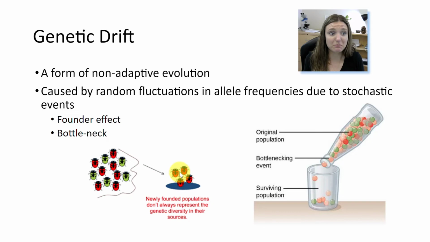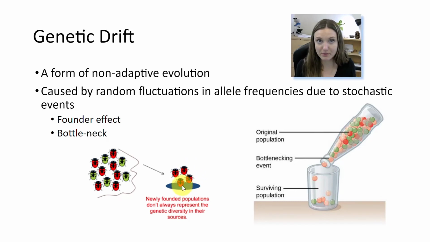It's not that they're any better adapted or better suited for this environment. It's just due to random chance that only the red ones moved over. So the ones founding this new population will pass on the gene for having a red color, not necessarily because it's adaptive, but just due to random chance that they happen to found that new population.